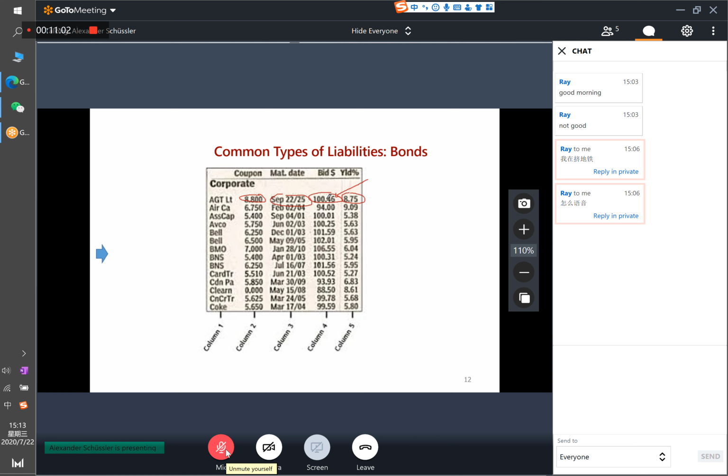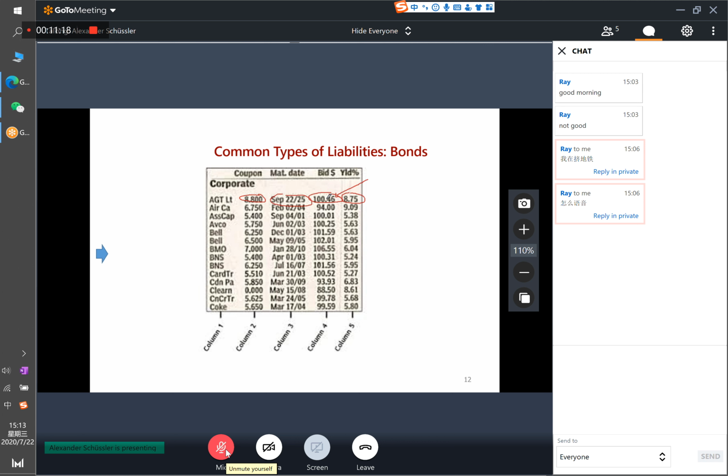But as you can see here, the first bond trades a little bit higher than 100. So therefore, your yield is essentially a little bit lower, because you have to pay a higher price for this bond.